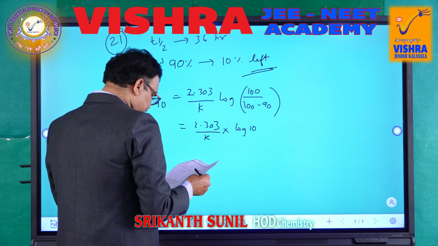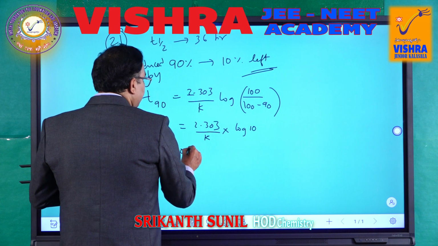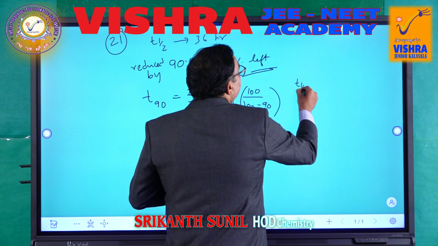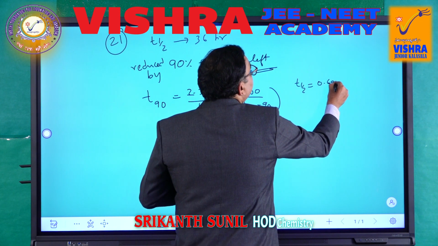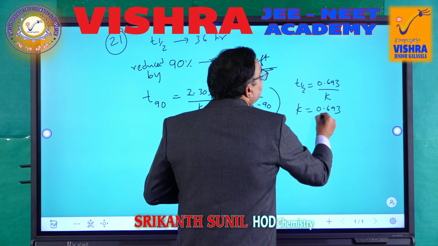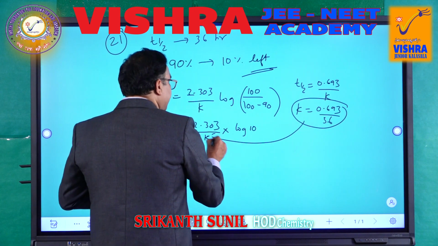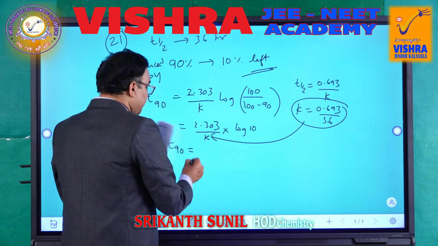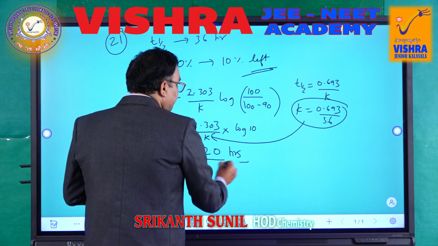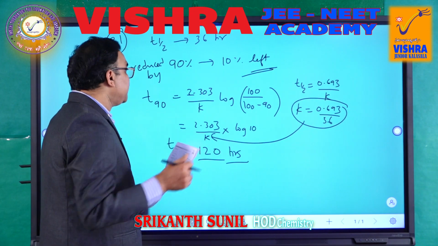So we can get T90 in this way. How to get the K value? T half is equal to 0.693 divided by K. So K is equal to 0.693 divided by T half. T half means 36 hours. You can substitute this in K, and you will get T90 as 120 hours. So 120 hours is the answer for numerical question 21.